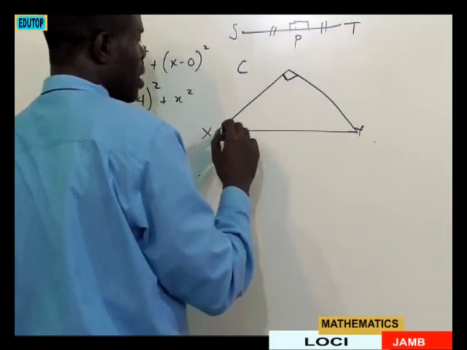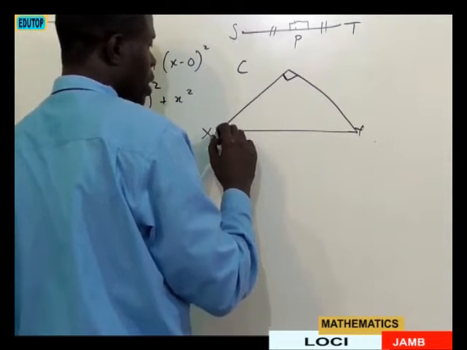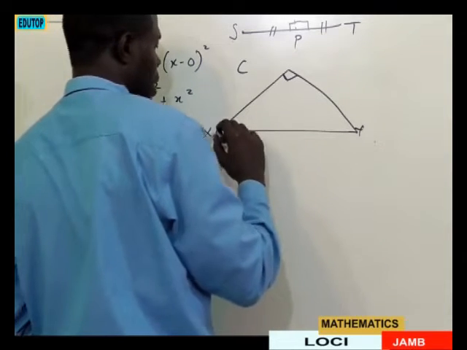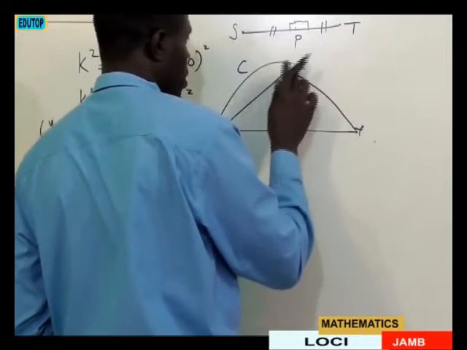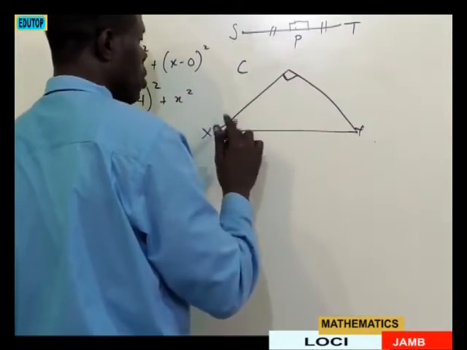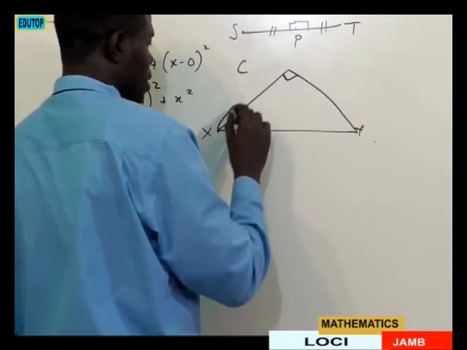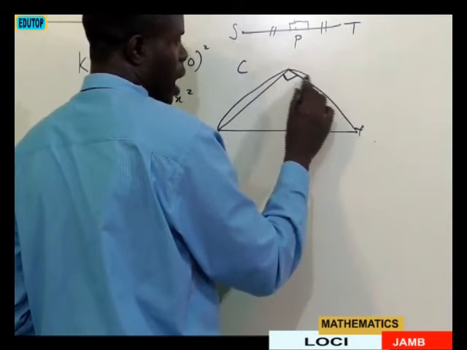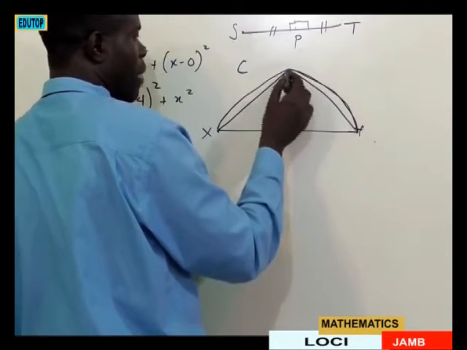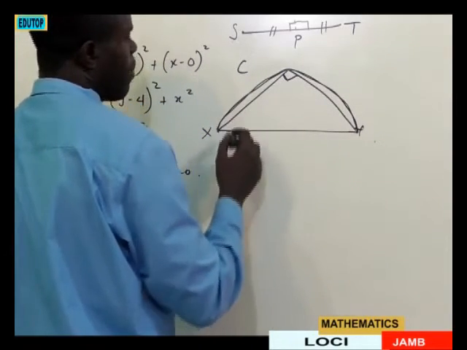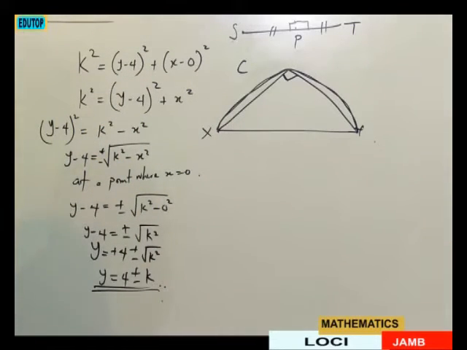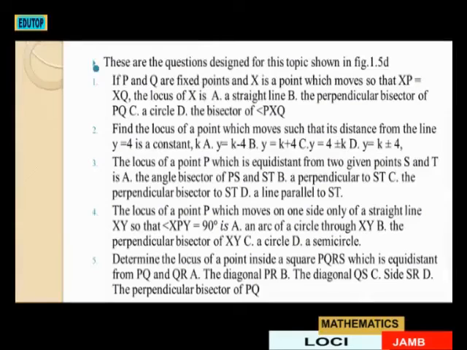So automatically, the locus will definitely be what? It will be an arc that will pass through this point X this way and also Y. So how is this one forming? It is definitely forming a semicircle. And which option has a semicircle? That is option D, a semicircle.